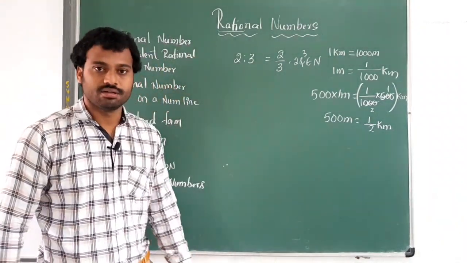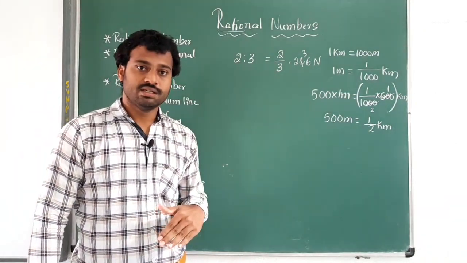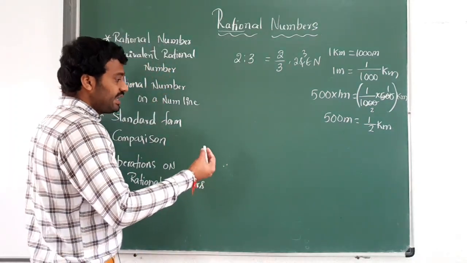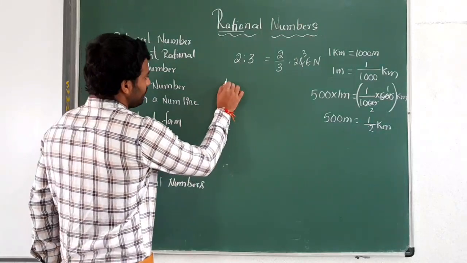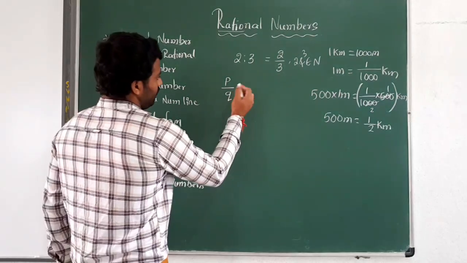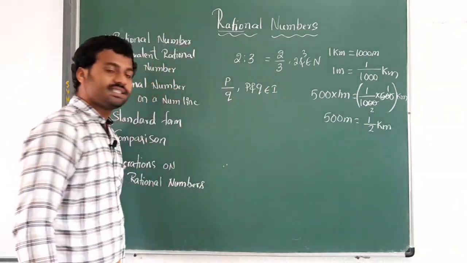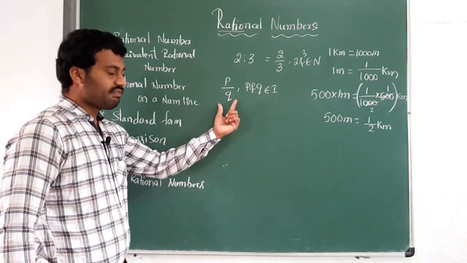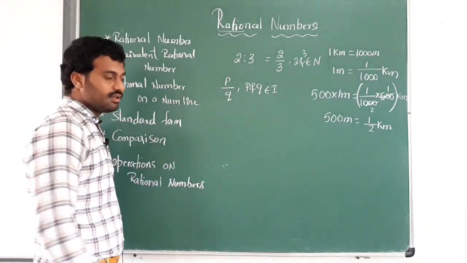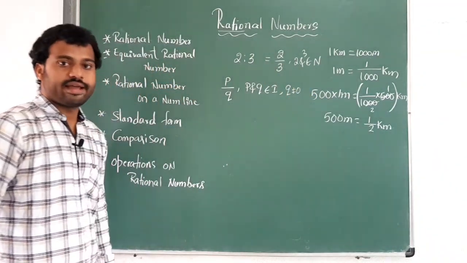I will tell you the definition. Any number defined as p by q, where p and q belong to the integer set and q is not equal to 0, is called a rational number.